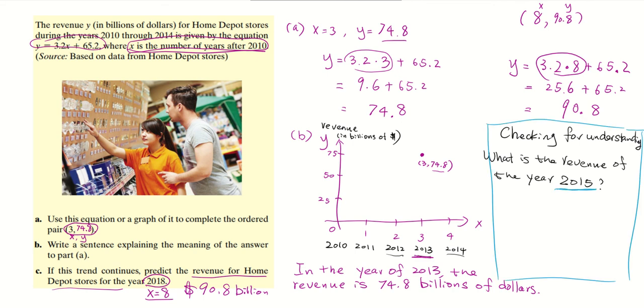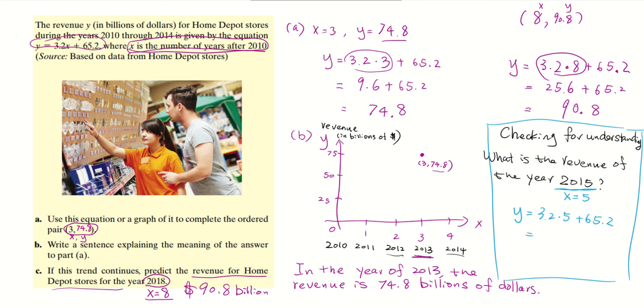Okay, so for the year 2015, it means our x is equal to 5. Knowing x equals 5, we're looking for the y, the revenue. So you should have y equals, plugging in 5 for x, 3.2 times 5 plus 65.2.